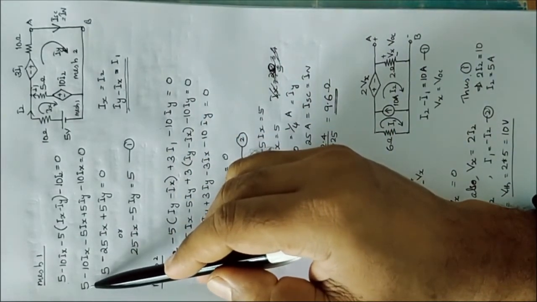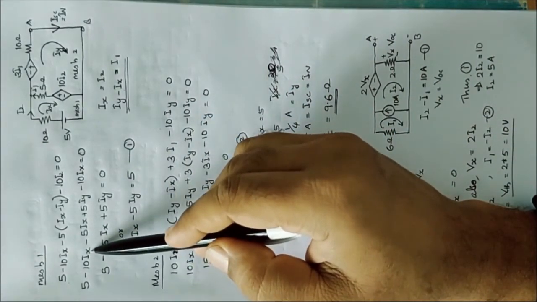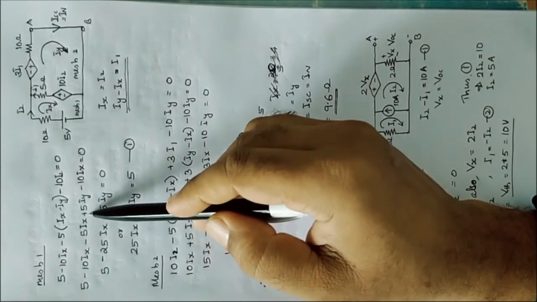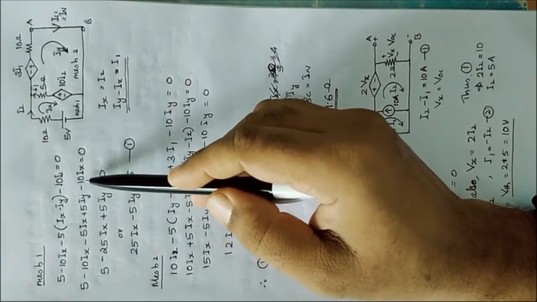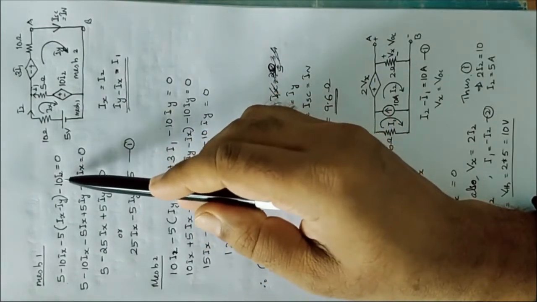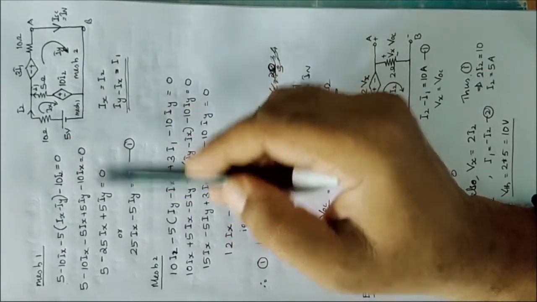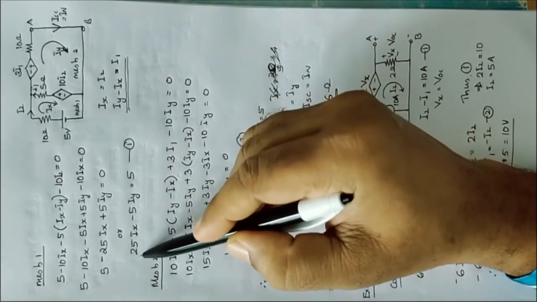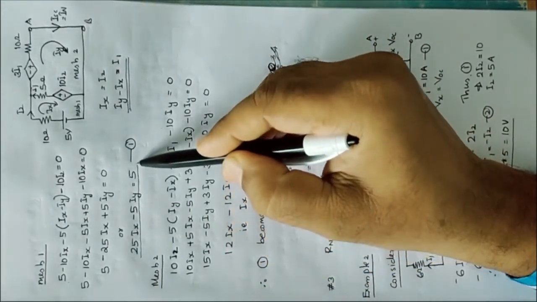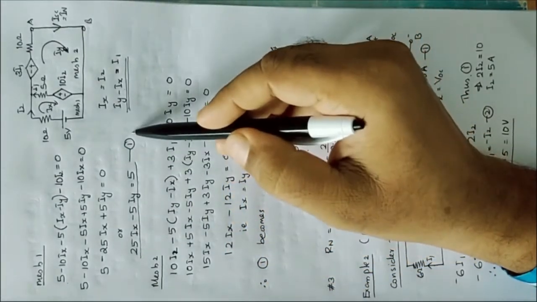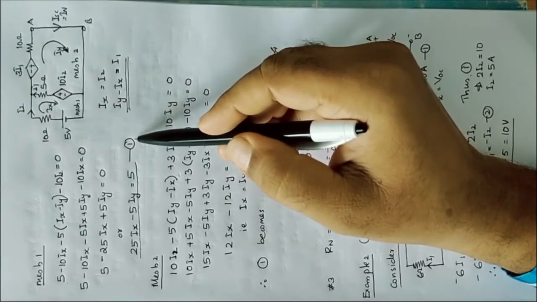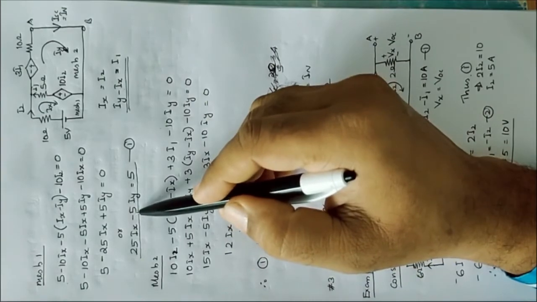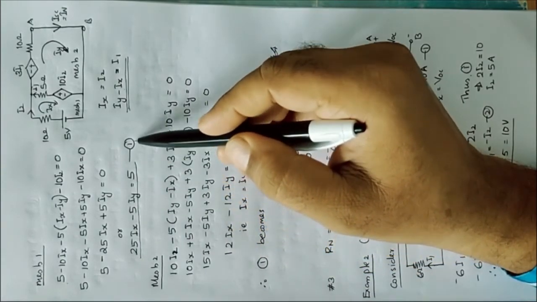Simplifying, 5 minus 10 Ix minus 5 Ix plus 5 Iy minus 10 Ix is equal to 0, because I2 is equal to Ix. Further simplifying, we obtain 25 Ix minus 5 Iy is equal to 5. Let this be equation number 1: 25 Ix minus 5 Iy is equal to 5.